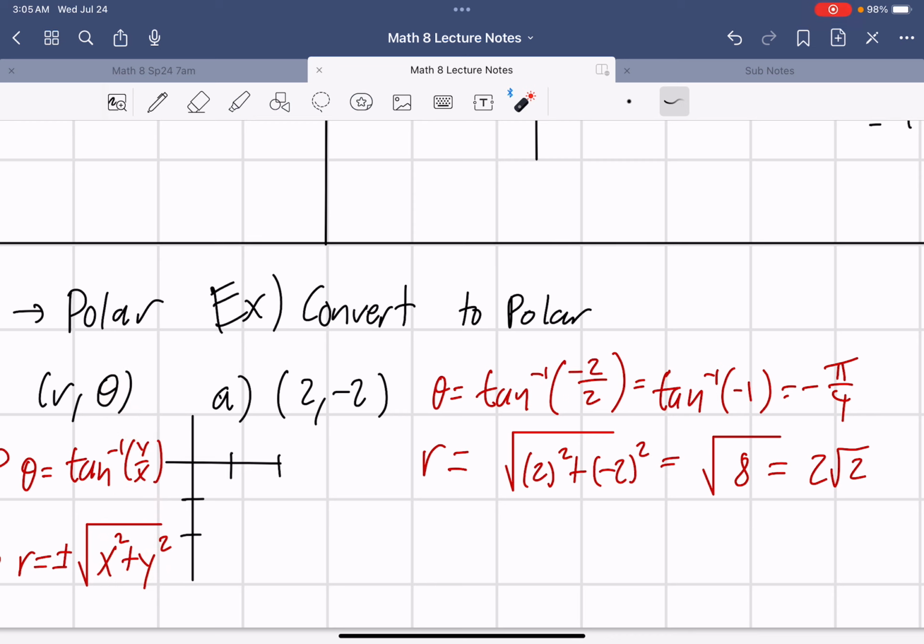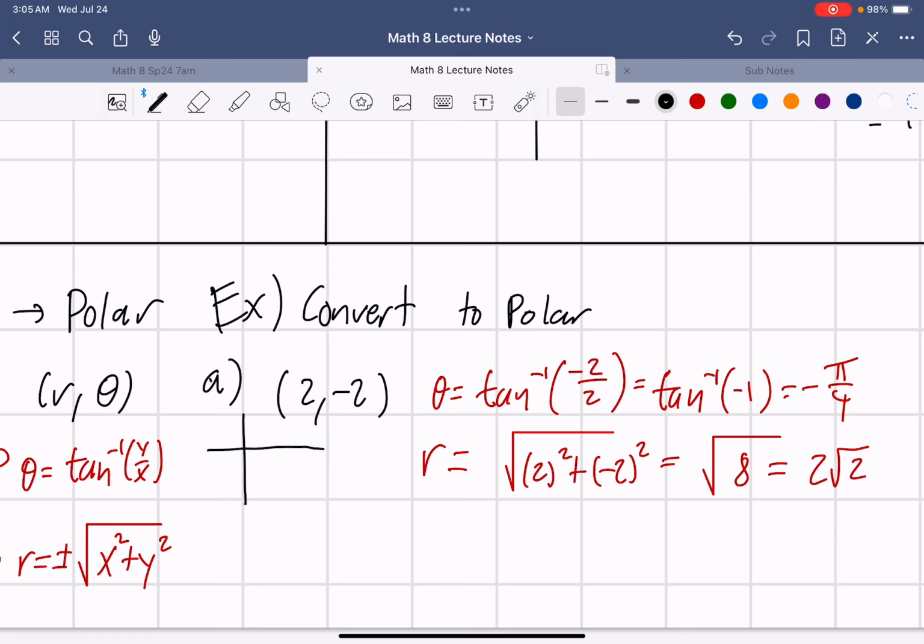So that means when you get your theta, luckily this didn't come up in this example, because the point we're talking about is down here.